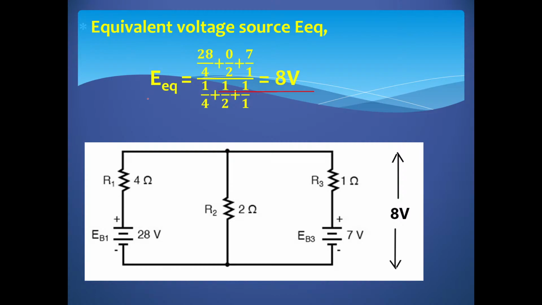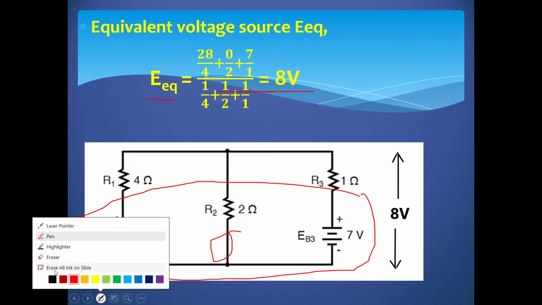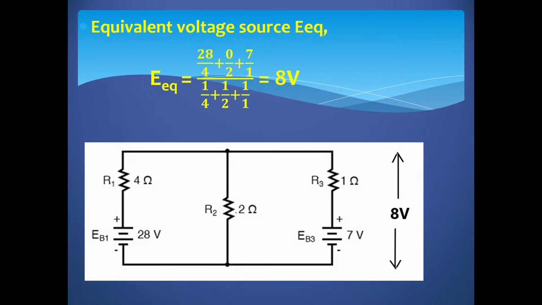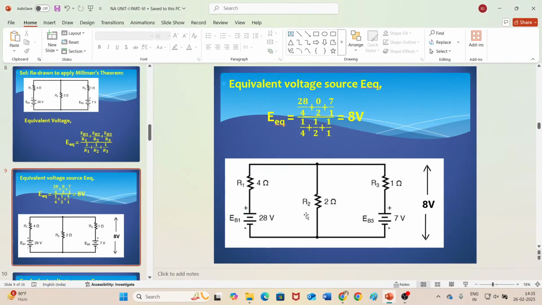So what is this 8 volts? It is the equivalent voltage across all these voltage sources which are connected in parallel. Of course, there is no source here, but assuming that there is a voltage source whose value is 0, EB2, I might have drawn here voltage source EB2 with 0 volts. I will just copy it.